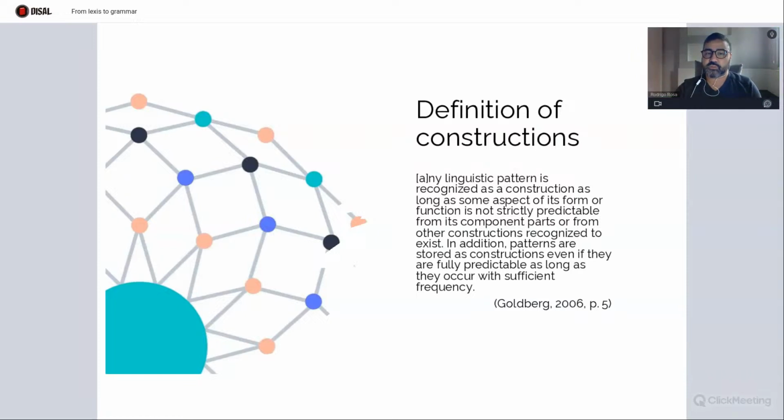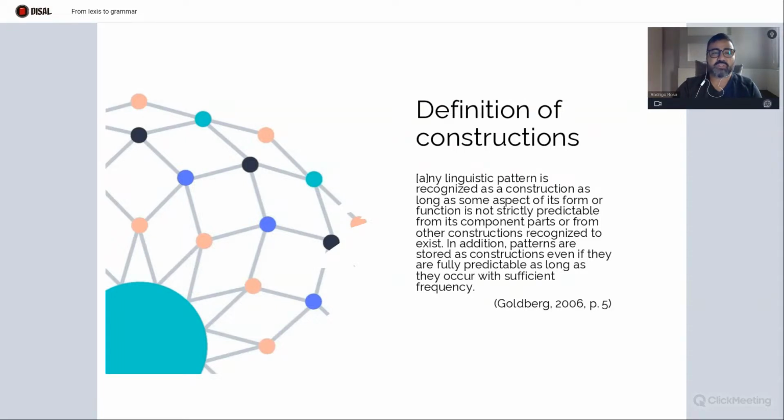Learning languages, be it a first language or a second language, means learning constructions. And how are these constructions going to actually represent linguistic knowledge? In a network format. So this picture that I brought here is not in vain.